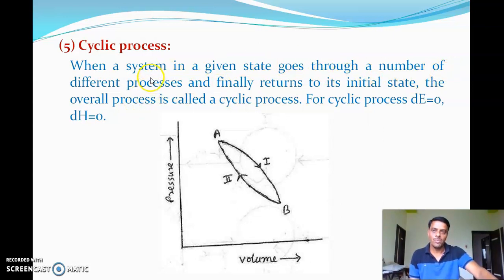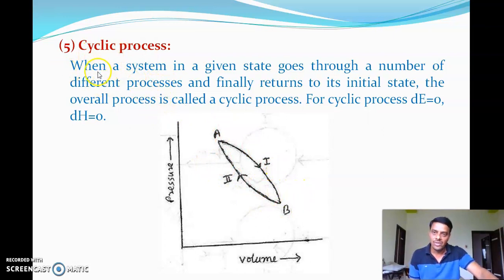Means during the process, the system changes from one state to another state, proceeds through a number of steps and comes back to its original state. Here, the system goes from this state A to B and again comes back to A. The whole one cycle completes here. That is why such systems are said to be a cyclic process.